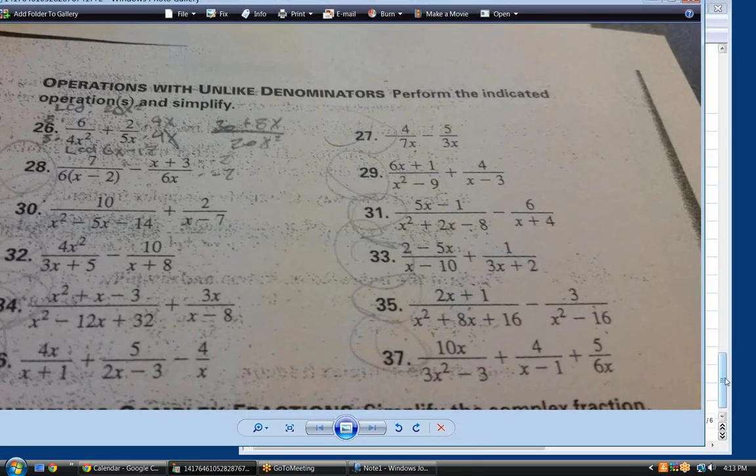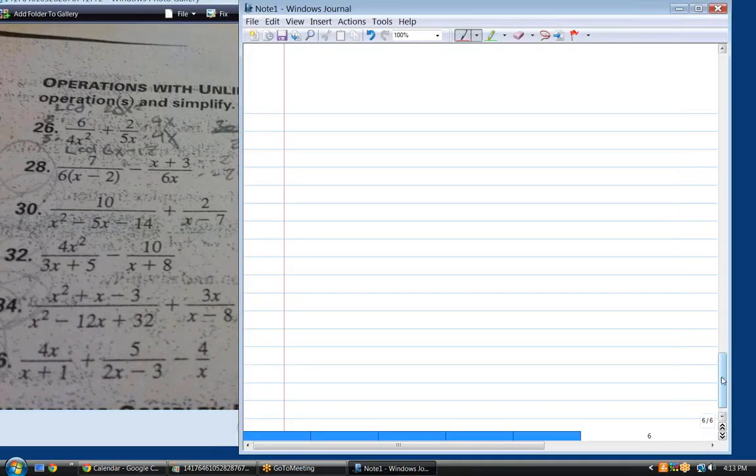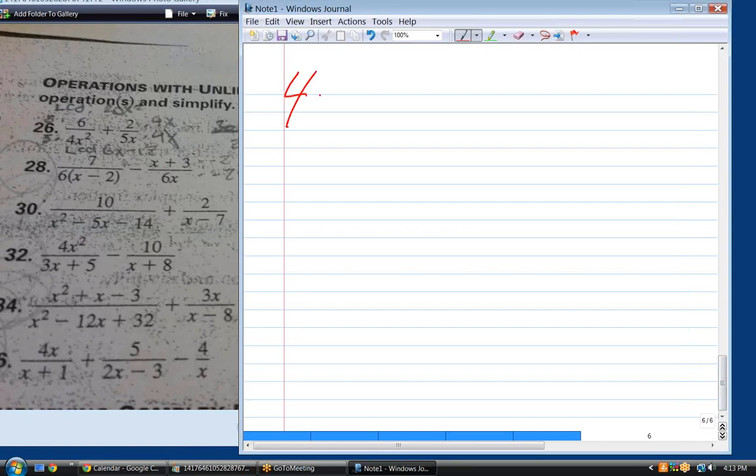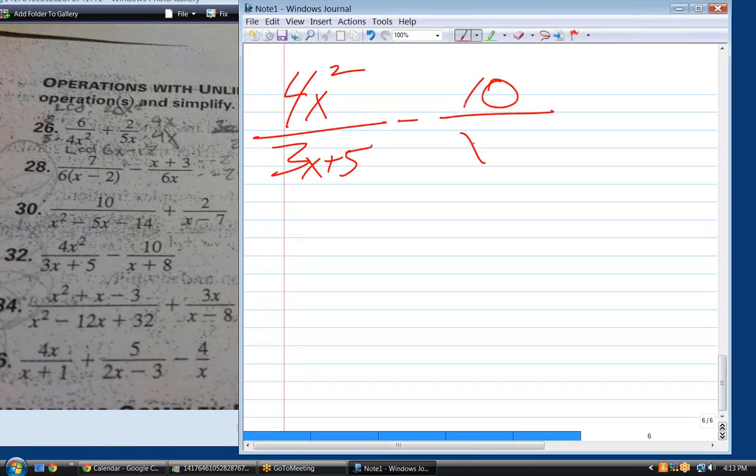Okay, 32 looks a little different. What is a least common denominator going to be here?